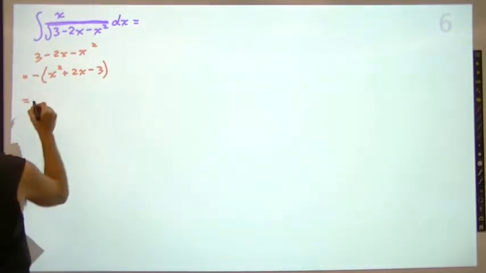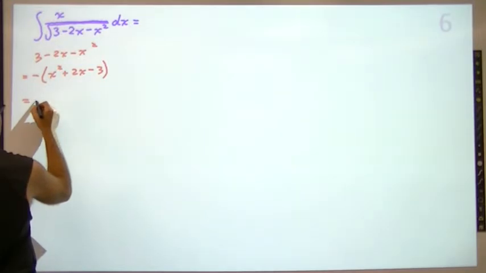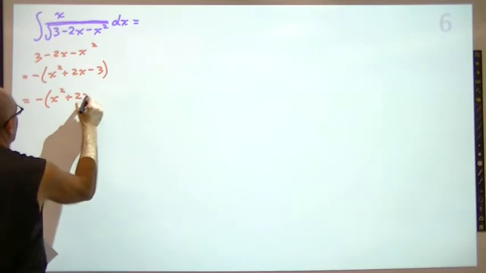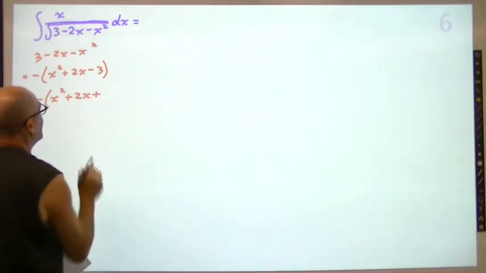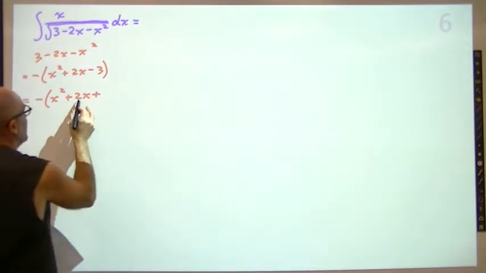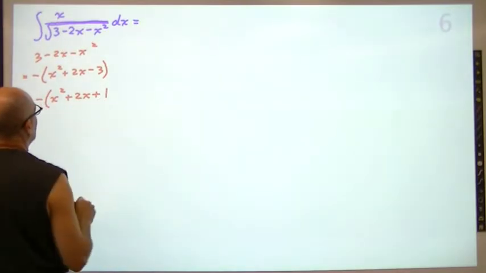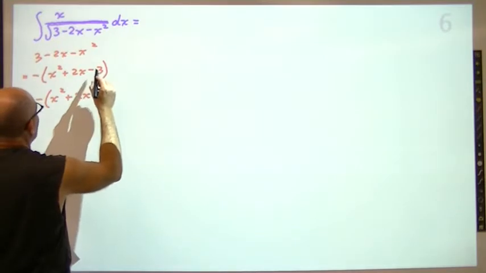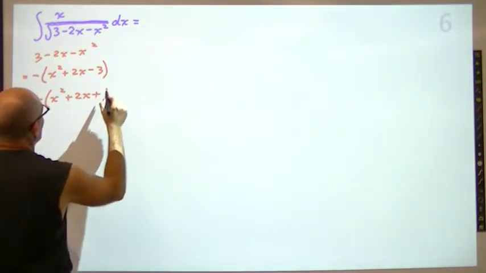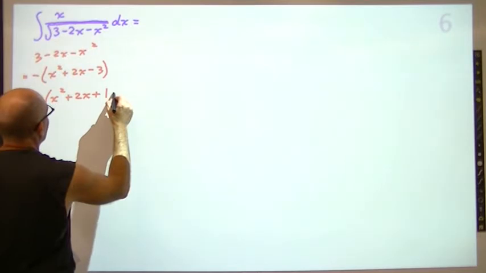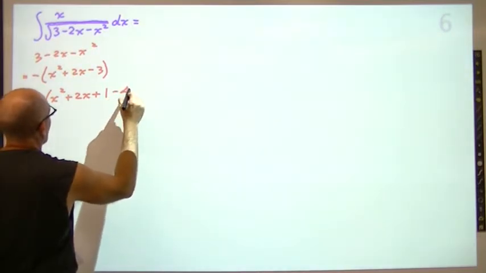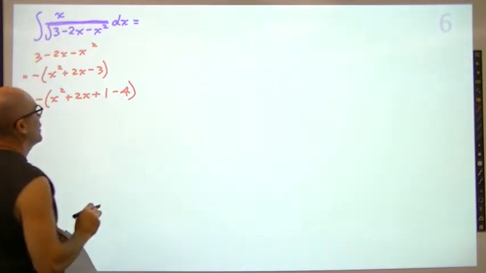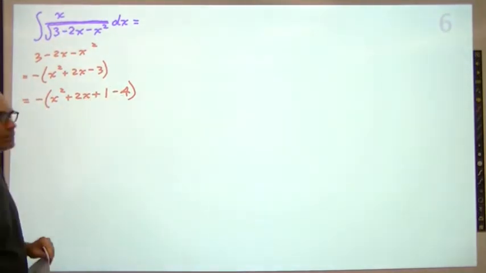Now, that equals negative x squared plus 2x plus, now if I want to complete the square, cut the middle term in half and square it, becomes plus 1. But now I have the minus 3 here, so this actually just becomes a minus 4 because I just added 1, so to keep it even I need to subtract 1.